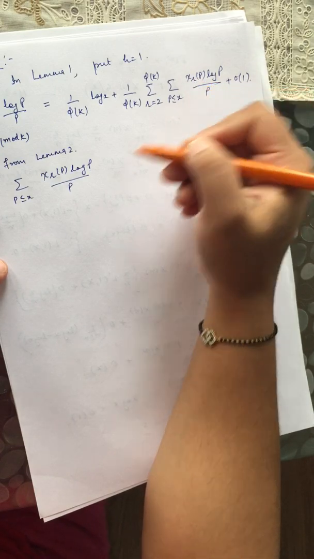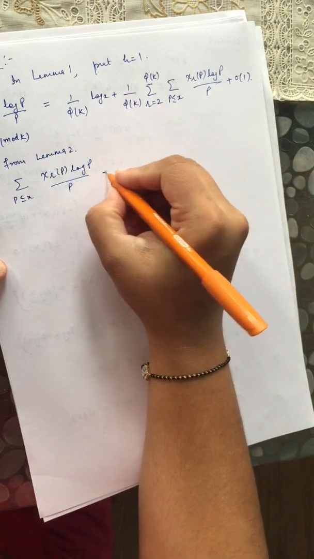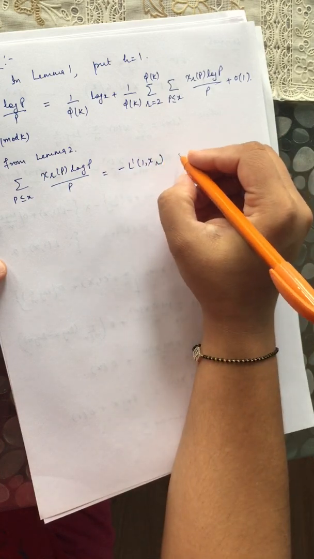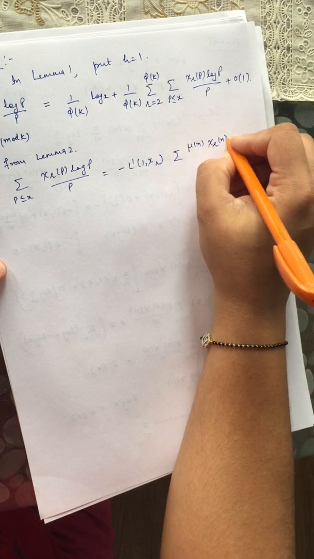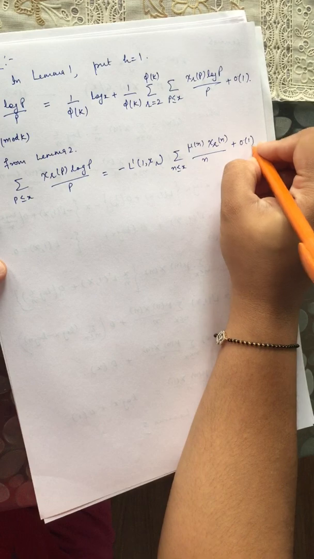So from lemma 2 we have proved that if chi is not the principal character, then this summation is equal to minus L dash 1 chi into summation mu n chi n upon n over n plus order 1.